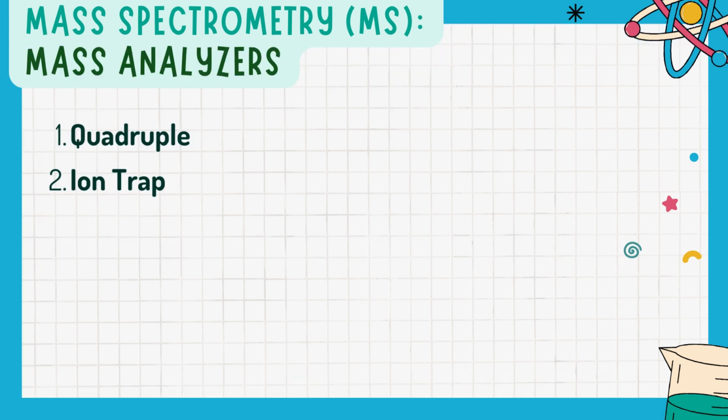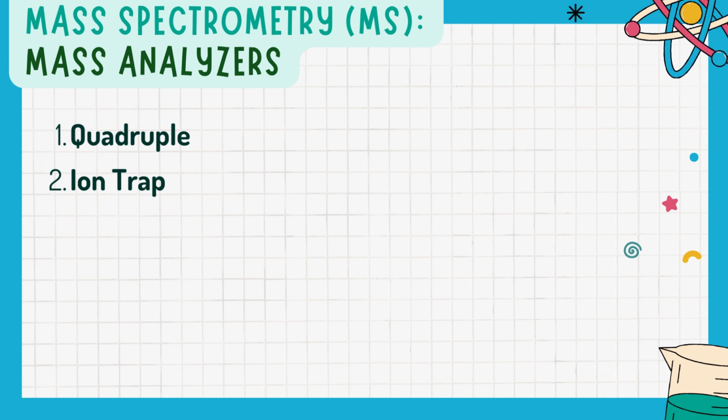And then for the mass analyzers for mass spectrometry, we have two types of analyzers: quadrupole and ion trap. We can describe the quadrupole mass analyzer as consisting of four parallel rods arranged in a square configuration with alternating voltages applied to the rods.